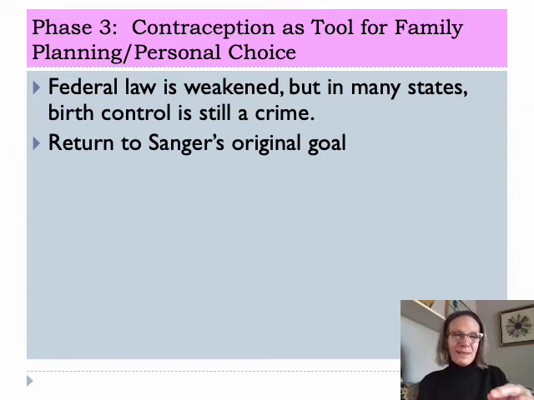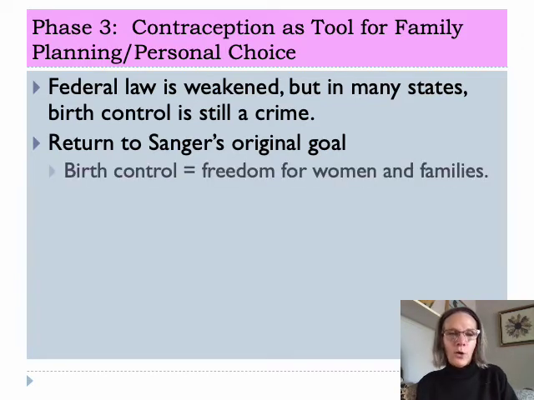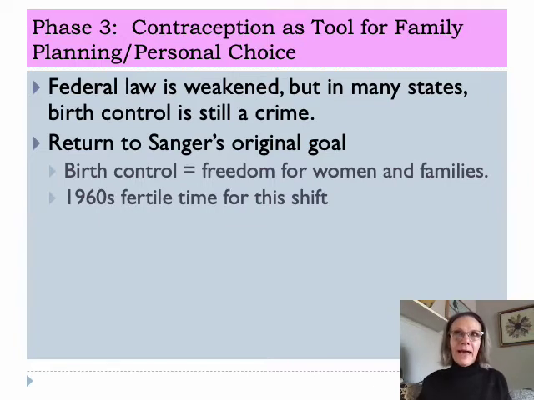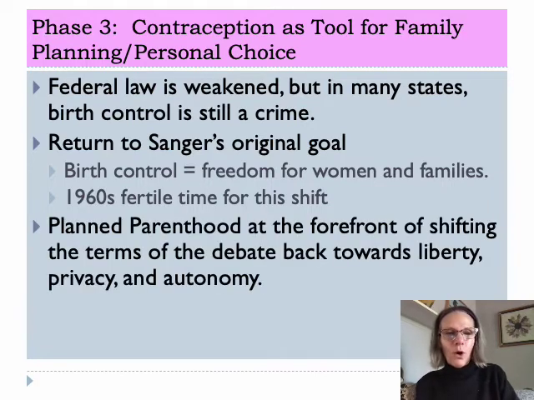And so this brings about phase 3, which begins in earnest in the 1950s and the 1960s. And it's a return to Sanger's original goal, okay? That birth control results in freedom for women and families. And the 1960s is a fertile time for this shift, as we see the rise of second wave feminists and the rise of the focus on equality and liberation for women.